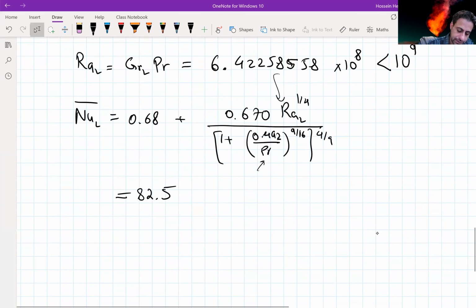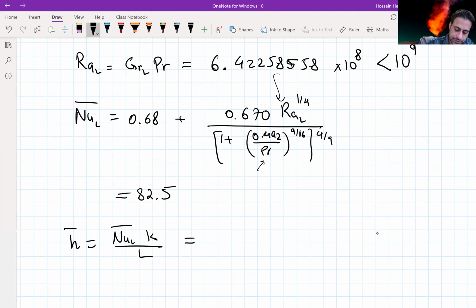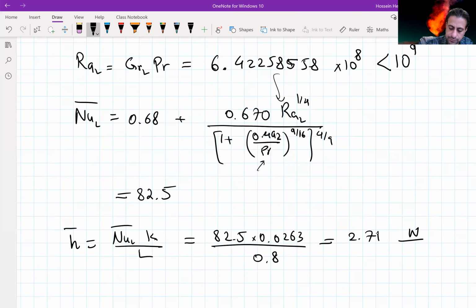And h is going to be Nusselt number times k over L, which is going to be 82.5 times 0.0263 divided by 0.8, 2.71 watts per meter squared Kelvin.